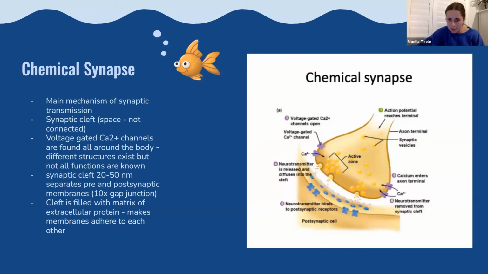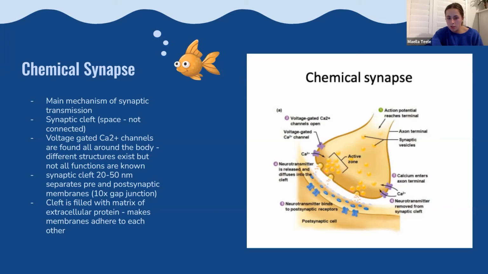So I'll just go over the steps quickly. Neurotransmission at a chemical synapse begins with the arrival of an action potential at the presynaptic axon terminal. So if you see step 1 on that image, that's your action potential, which has just reached the terminal. Then we have our voltage-gated calcium channels, which open, and the calcium enters the axon terminal by its electrochemical gradient.